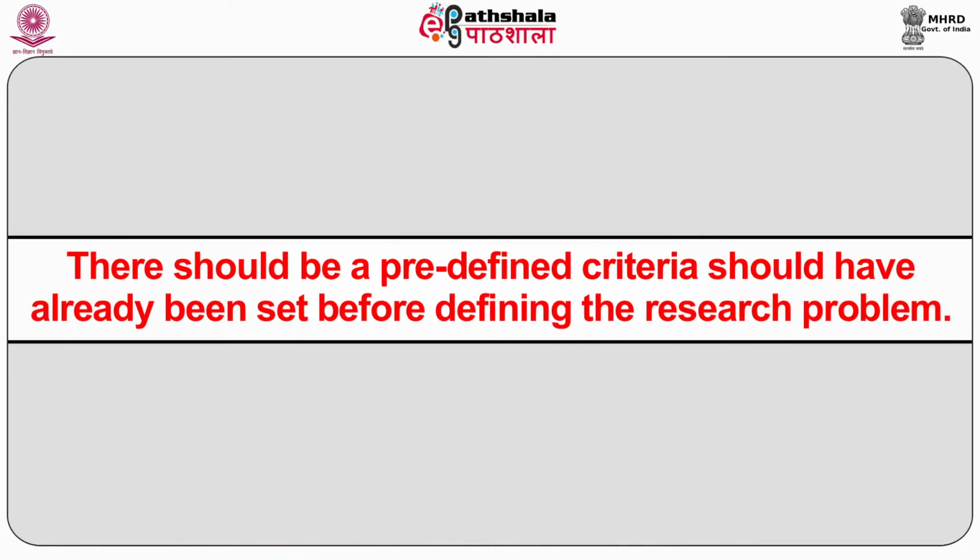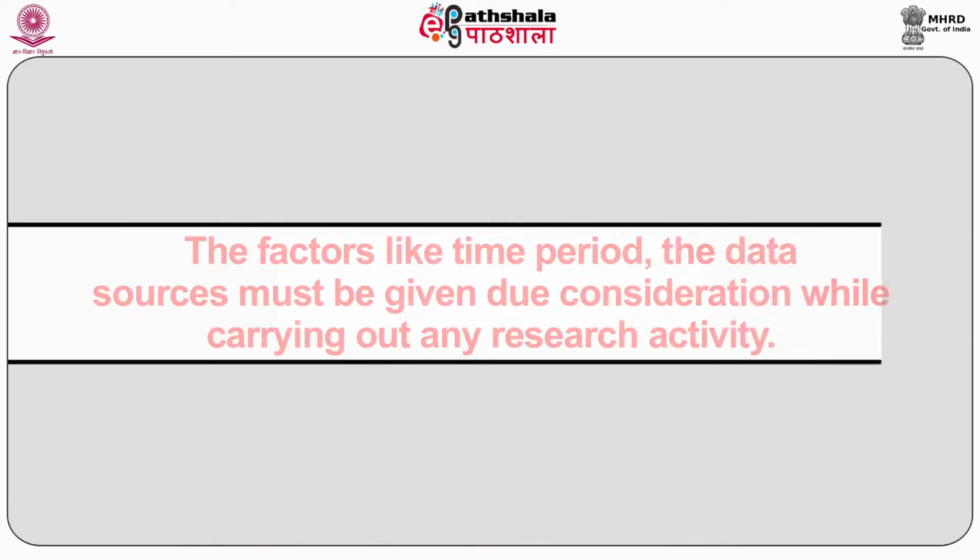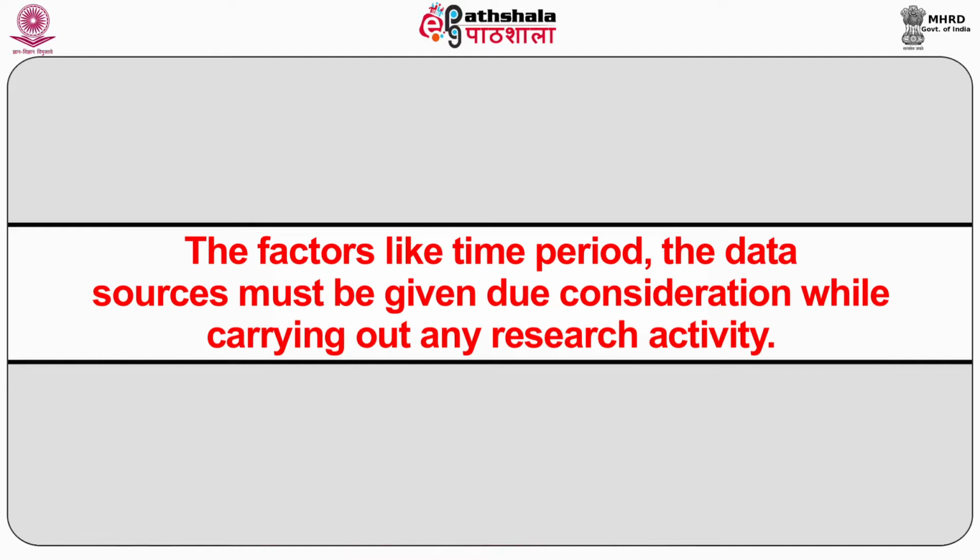Thirdly, there should be a predefined criteria that should have already been set before defining the research problem. Fourthly, factors like time period and the data sources must be given due consideration while carrying out any research activity. The constraints confining the boundaries of a problem should be highlighted when defining a research problem.